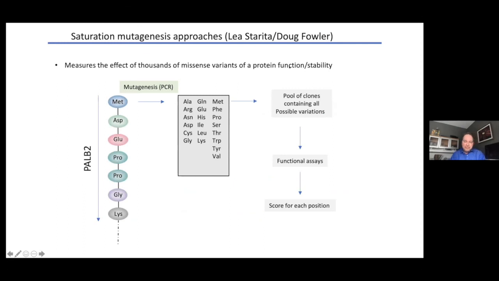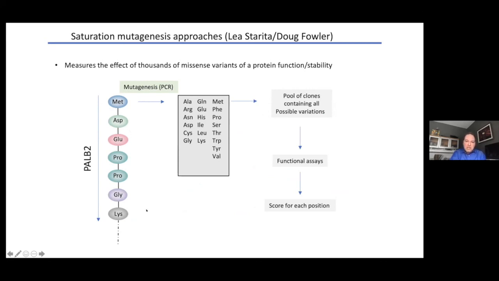So we started some saturation mutagenesis approaches in collaboration with Leah Starita and Doug Fowler. The idea is to measure the effect of thousands of missense mutations on protein function or stability. Here you have the amino acid sequence of PALB2. We take every amino acid and mutate it, so you have the 20 possibilities of amino acid at each position.